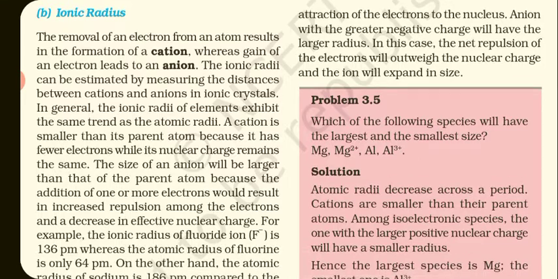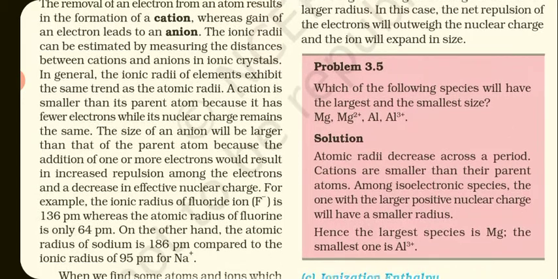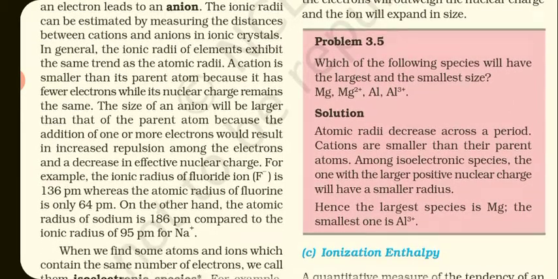As the attraction of electrons to the nucleus increases, the radius decreases. An ion with greater negative charge will have the larger radius. In this case, the net repulsion of electrons will outweigh the nuclear charge and the ion will expand in size.